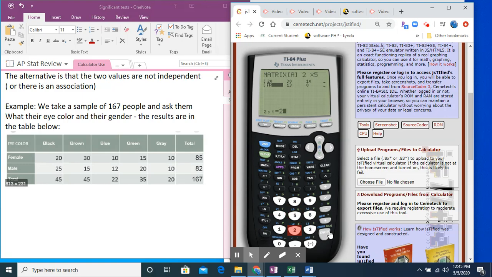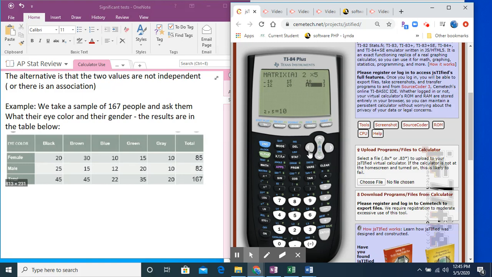So it's 25, 15, 12, 20, and 10. Okay, now we can do a little double check, make sure that 20, 25, 30, 15, 10, 12, 15, 20, 10, and 10. So all the data is in my matrix A.